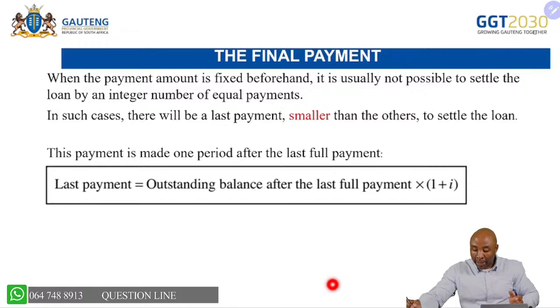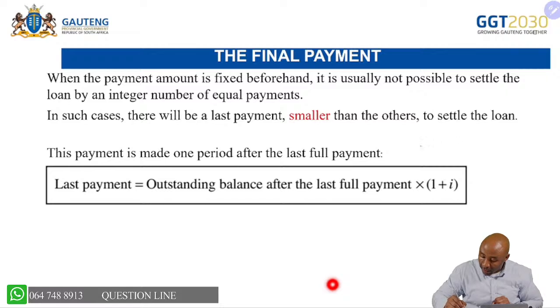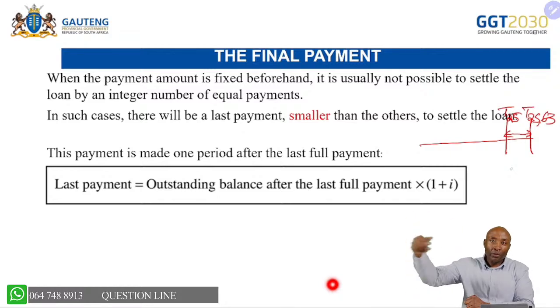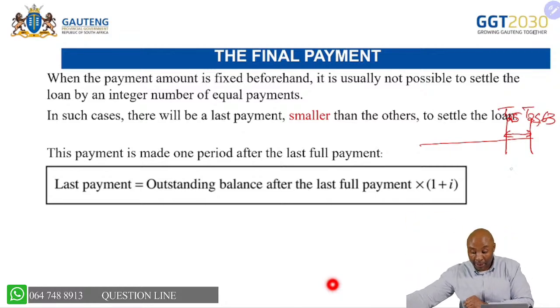For example, if we get our n as 25,63, it means we will calculate our outstanding balance at T25, because it will only be paid either on the 1st of the next month or at the end of the month if payments are being made at the end of the month.